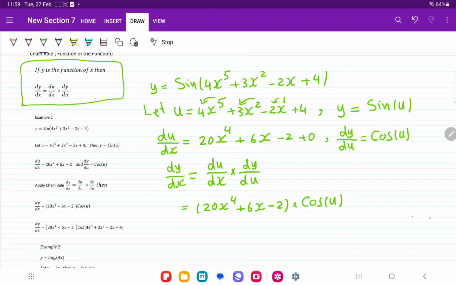And the final step is to replace u. So 20x to the power 4 plus 6x minus 2, cosine.